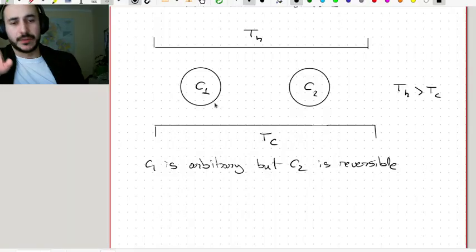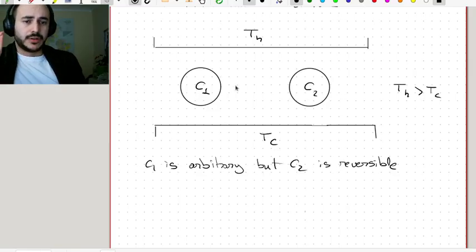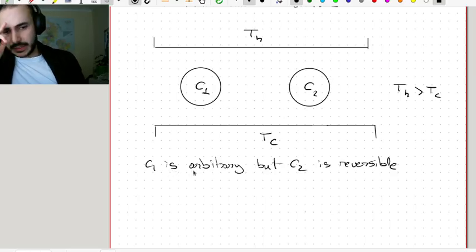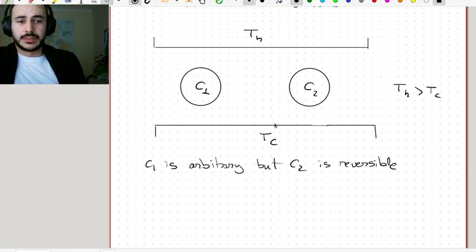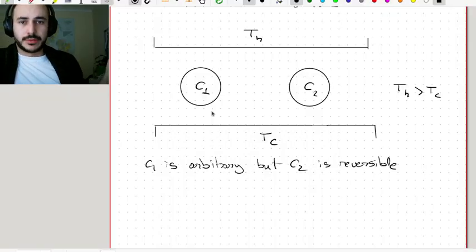The working substance can be anything. There could be changes of phase, it could be a liquid, it could be a gas, it could be whatever you want. And the cycle can be arbitrary as long as it operates between effectively two temperature levels. This other cycle here, I'm saying it's reversible, that's the only thing. It could be any cycle, and it doesn't have to be the reversible version of C1. It doesn't have to operate in the same working substance. It's just another engine which happens to be reversible.